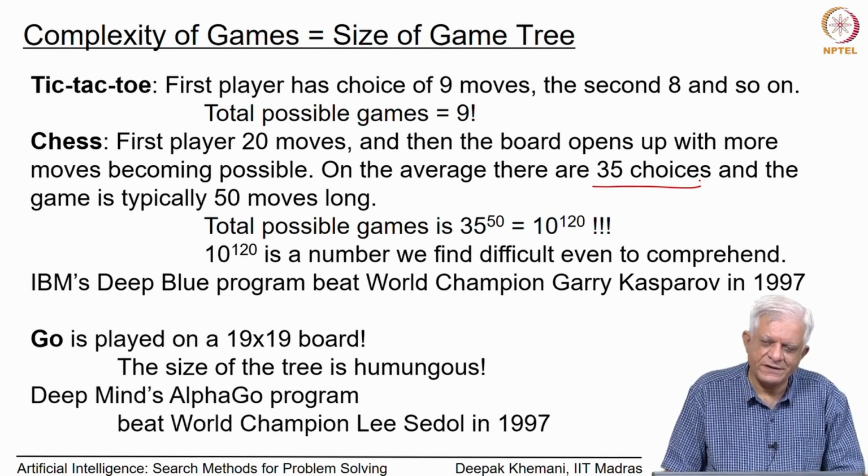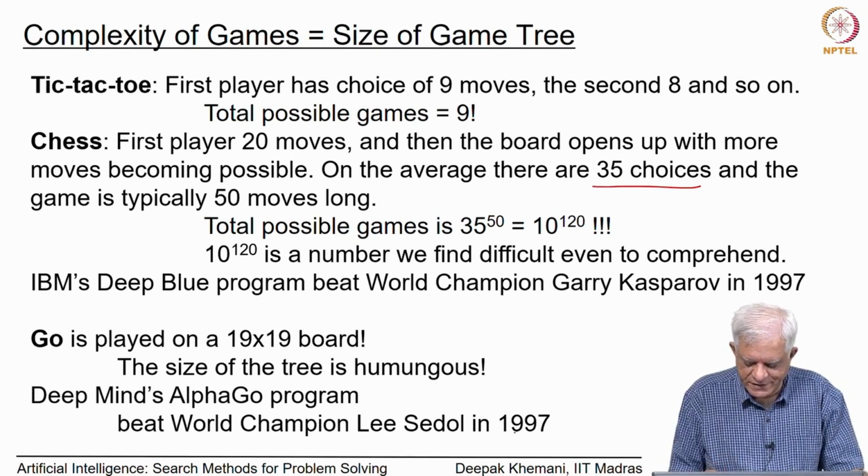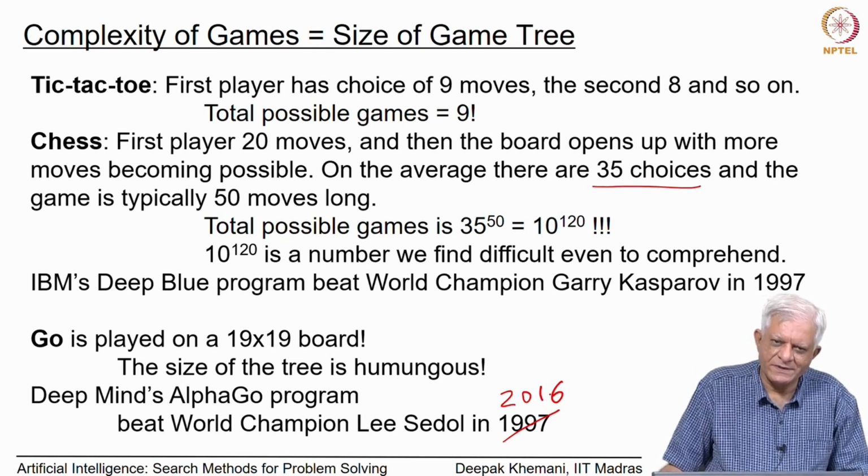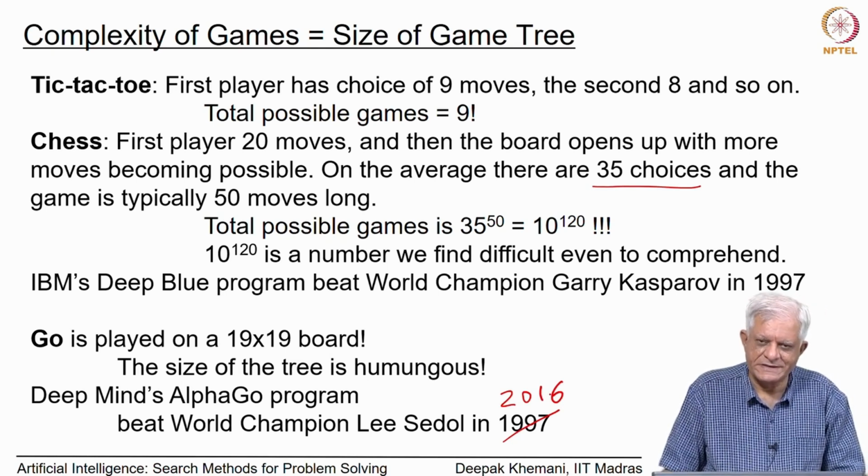But as history has shown us, the program AlphaGo written by DeepMind did beat the world champion in 2016. So, Go is also a board game which has been tackled by machines essentially.